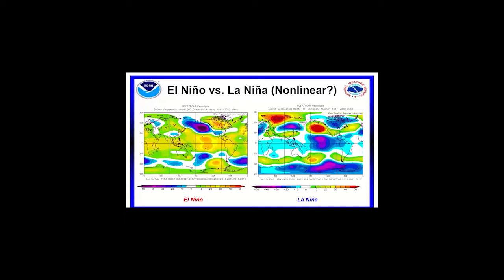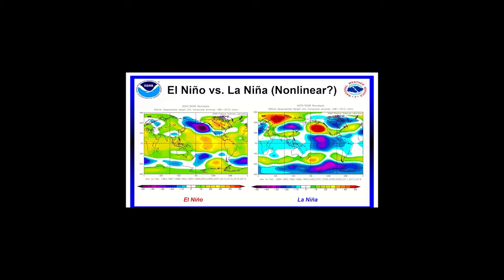So what I did here is I took all the El Nino events and La Nina events from 1981 to near present, not including last year, because I wanted to get 13 cases in each one. So you have 13 El Ninos on the left, 13 La Ninas on the right. The reason I showed this is because, to my eyeball, these are actually much more linear than even I was expecting.